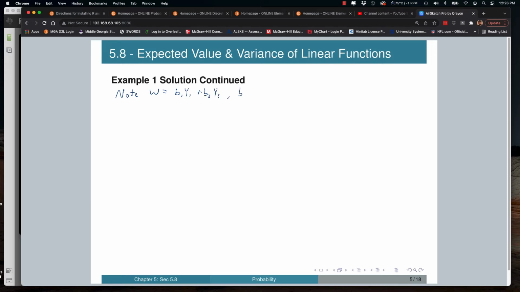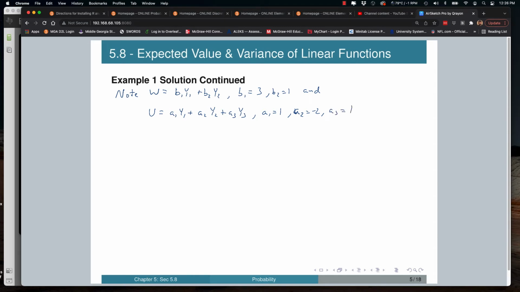That means that b sub 1, according to the original problem, is 3, and b sub 2 is equal to 1, because those were the constants in front of those variables. We also know that U is equal to a sub 1, Y sub 1 plus a sub 2, Y sub 2 plus a sub 3, Y sub 3, where a sub 1 was 1, a sub 2 was negative 2, and a sub 3 was 1.